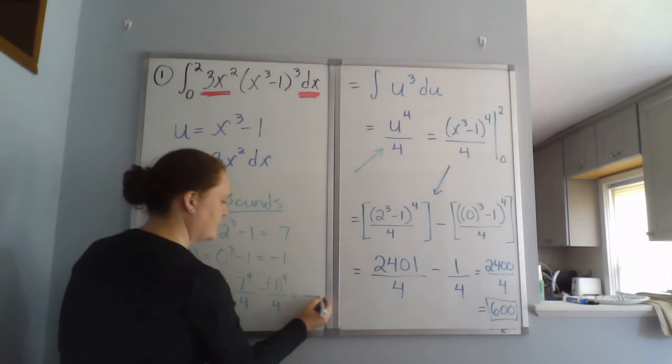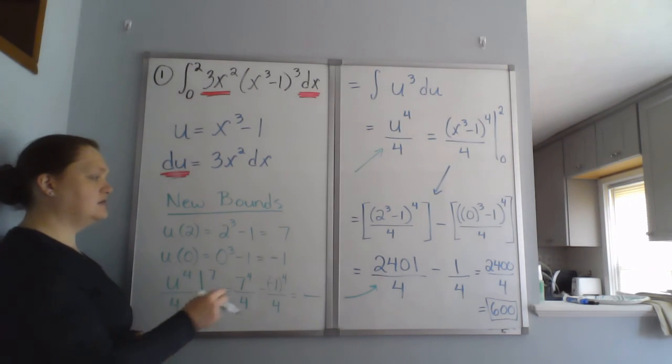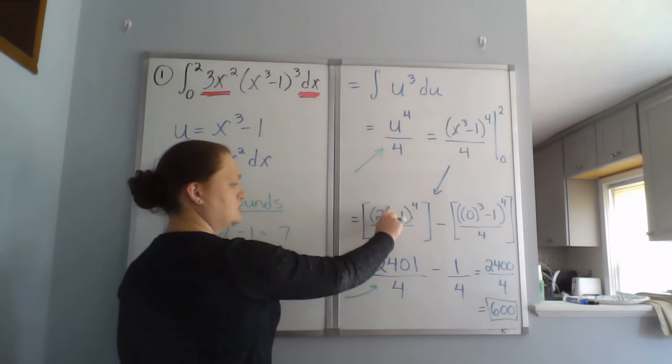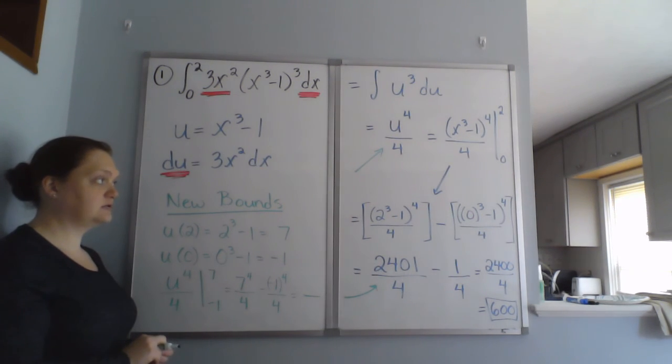So it would lead me to the same work. It's just doing these computations, the 2 cubed minus 1 and the 0 cubed minus 1, off on the side, separately.